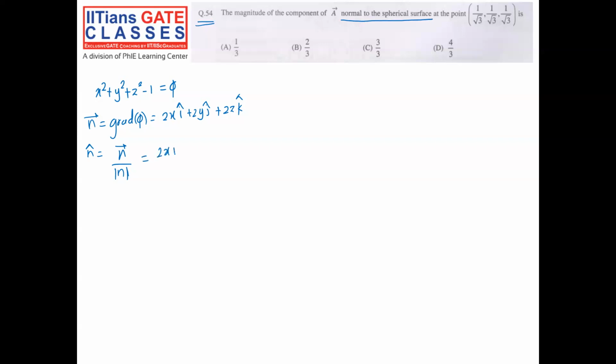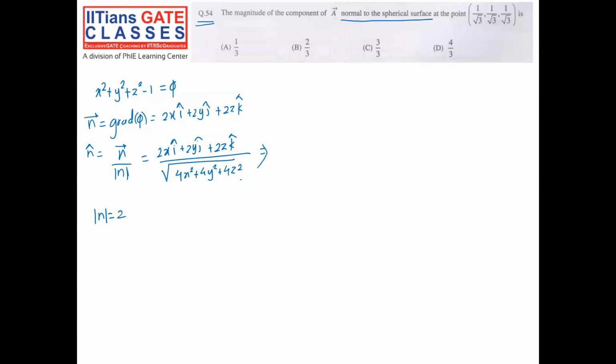So it is 2xi plus 2yj plus 2zk divided by mod of n, which is under root of 4x square plus 4y square plus 4z square. In this case, we can take 4 common. Under root of 4 is 2, and the remaining term is x square plus y square plus z square. And we know x square plus y square plus z square is 1. So in the denominator, you will just end up with a 2. So mod of n is 2.